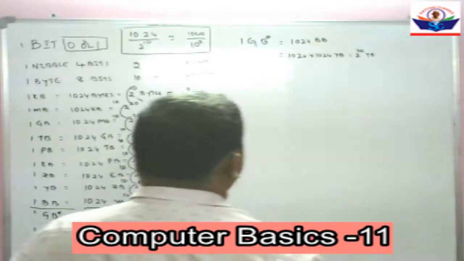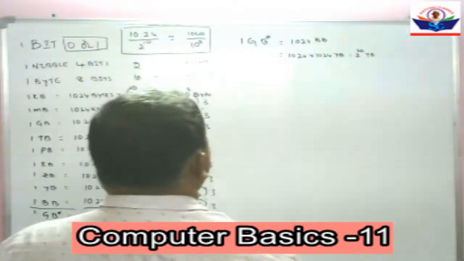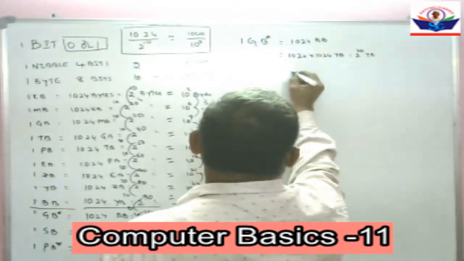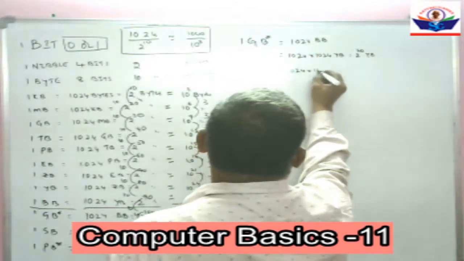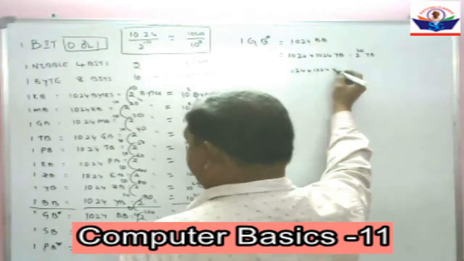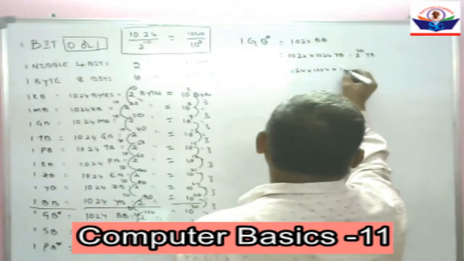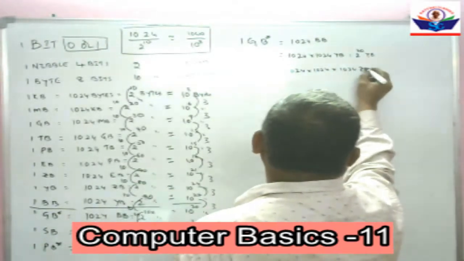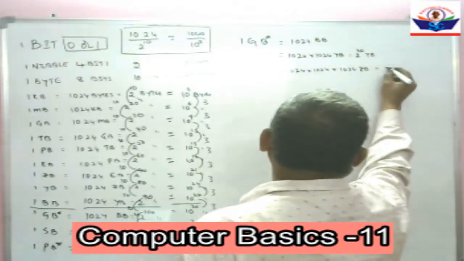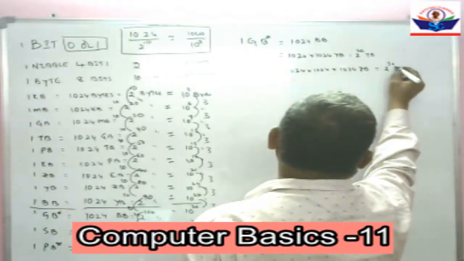That is 2 to the power of 20 yottabytes, which is again equal to 1024 into 1024 into 1024 zettabytes. That is equal to 2 to the power of 30 zettabytes.